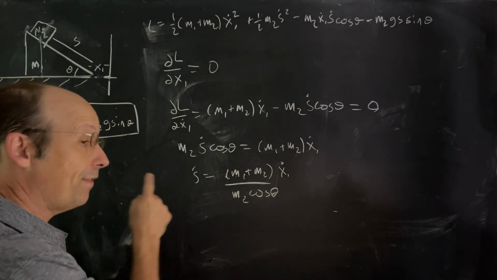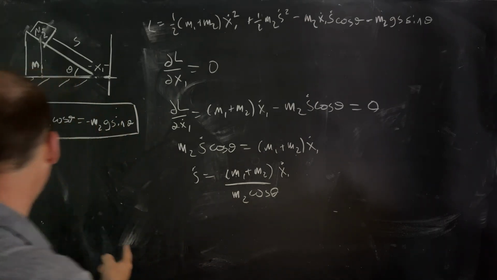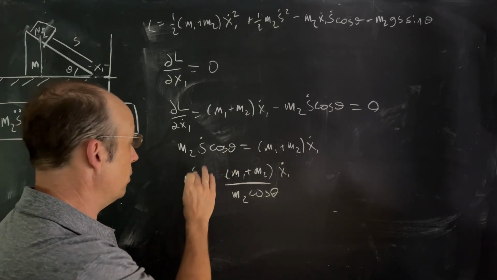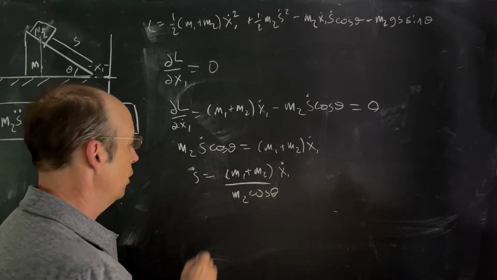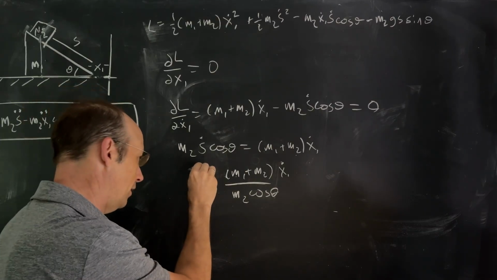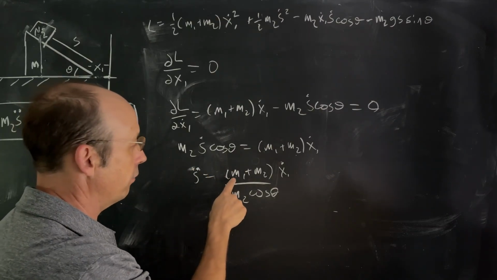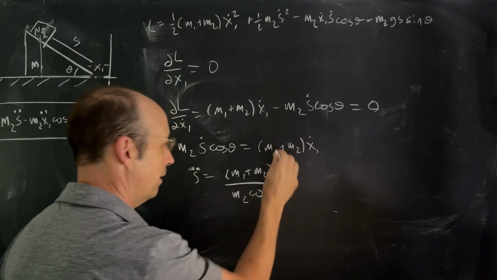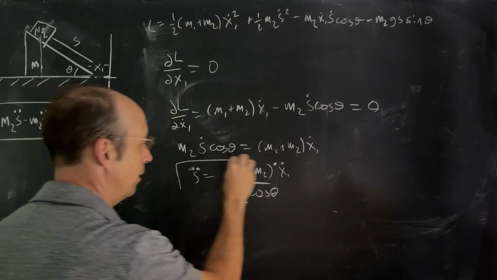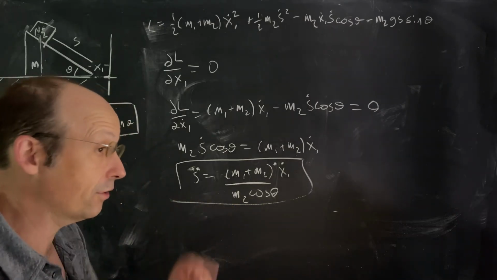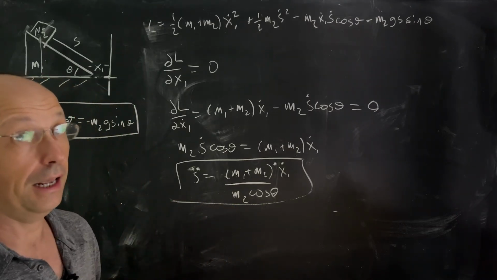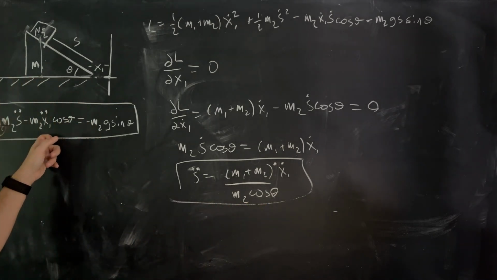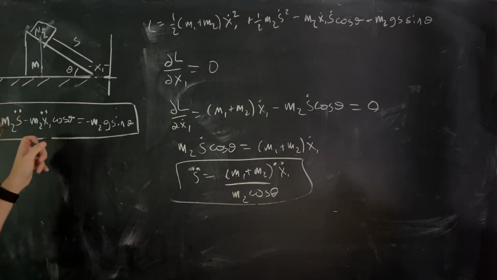Now if that's s dot, and here I have s double dot, I could just take the derivative of both sides of this equation. If I take the derivative of this, I get s double dot. If I take the derivative of this, well, that's a constant, that's a constant, that's a constant, so I just get that. So that's kind of nice. Now I have two relationships between s double dot and x1 double dot. So let's substitute that in over here and get an expression just for x double dot.